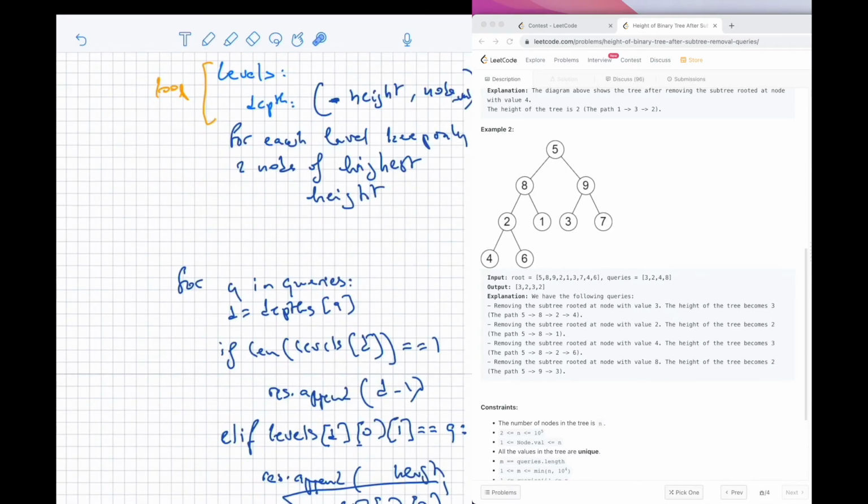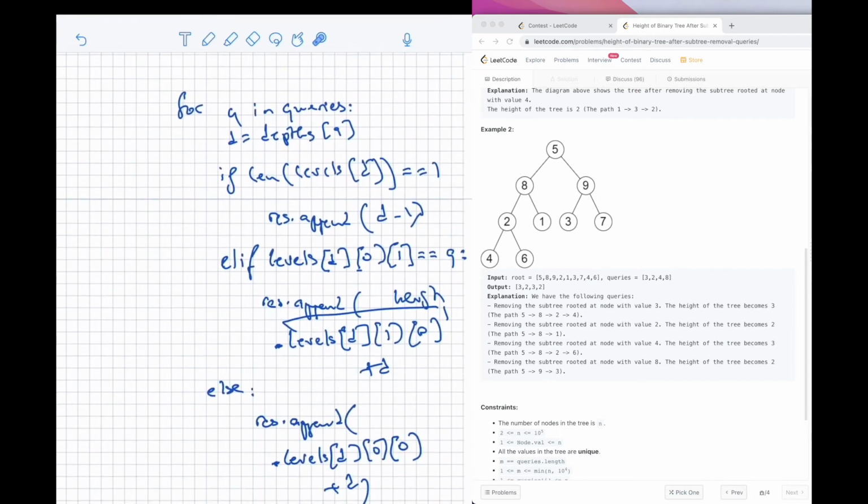And then for the levels, we also only traverse by depth once, and we do a loop, so maybe it's O of n, like n depth. And then here we do only O of m, right? So we prepare the data that we need, and then we do the O of m query solution here.